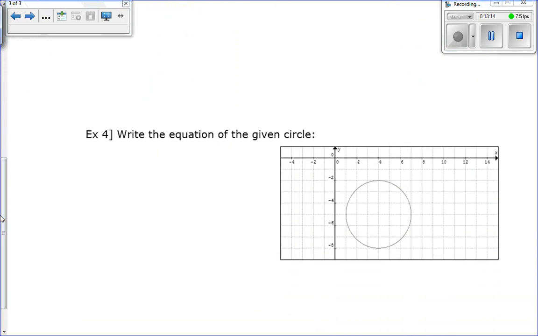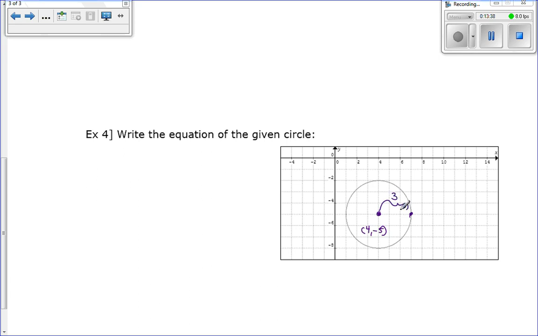For number 4, write the equation of the given circle. Well, find the center of the circle first. My center is 4, negative 5. The nice thing about this circle is, in that line, it's straight across, so I can actually physically count my radius.